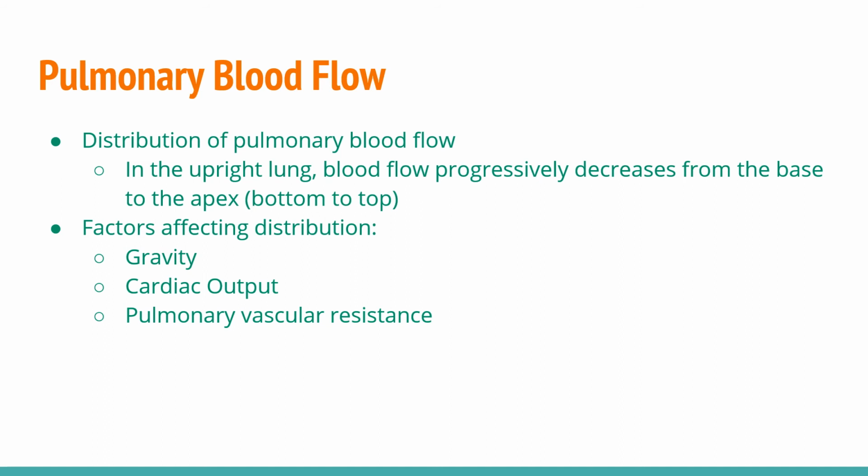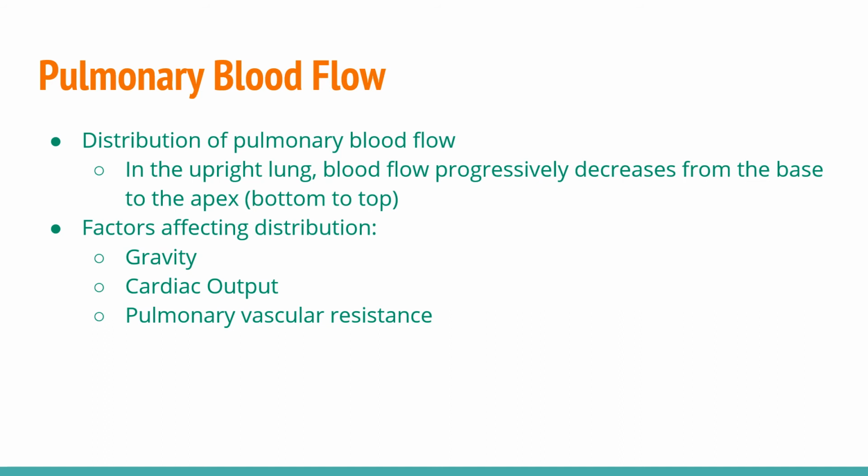All right, so for pulmonary blood flow, the things that affect the distribution of the pulmonary blood flow are gravity, cardiac output, and your pulmonary vascular resistance. Think about how blood flow is normally going to happen with gravity.